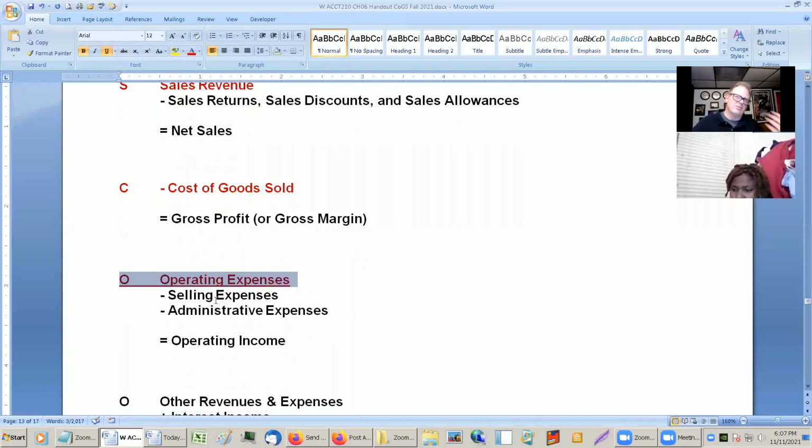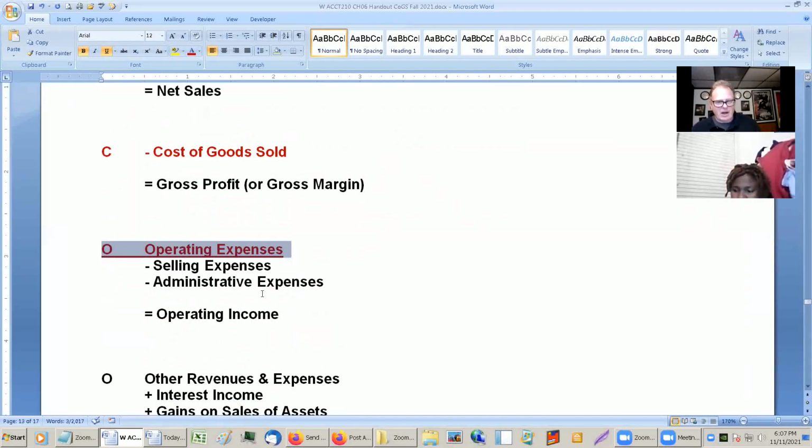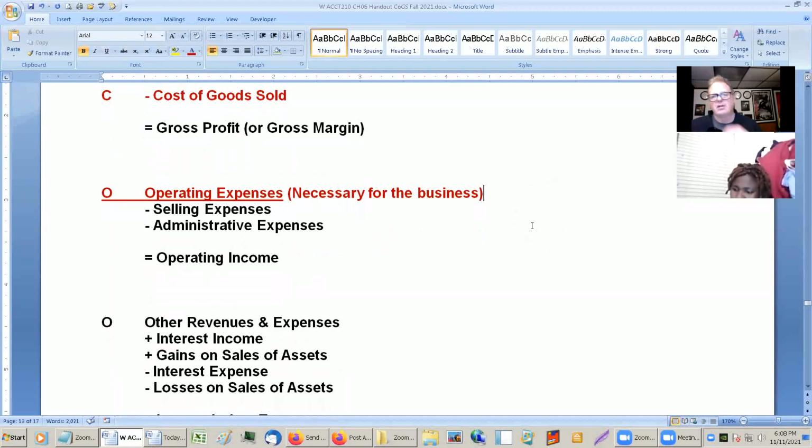And these are an important element of this whole multi-step income statement. Operating expenses, these are things that are necessary for the business.